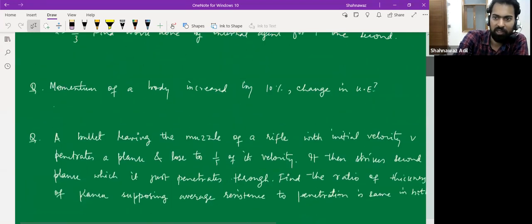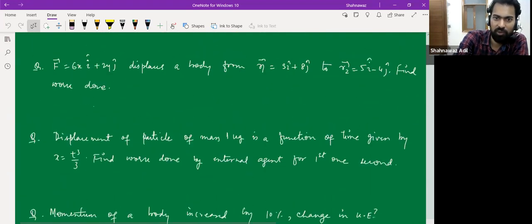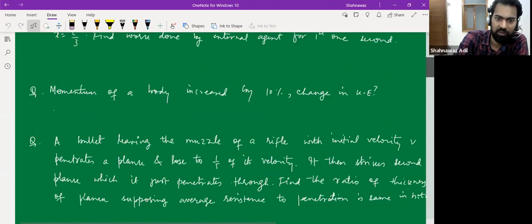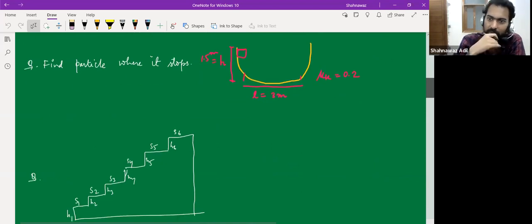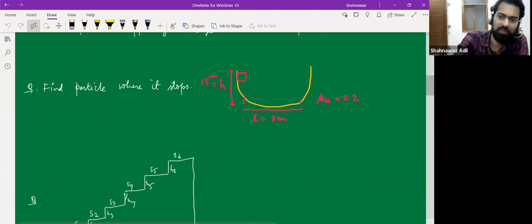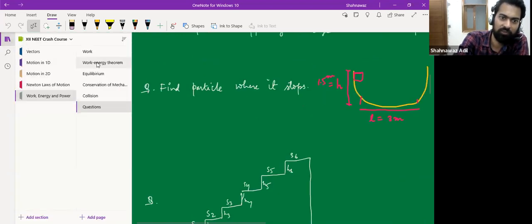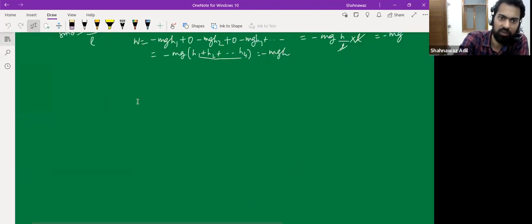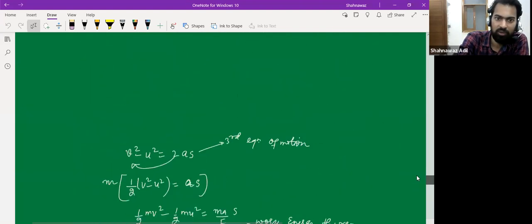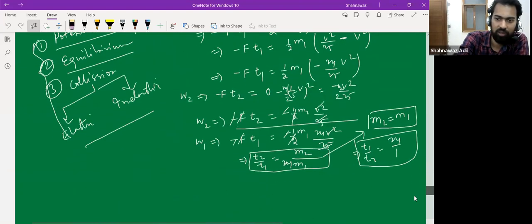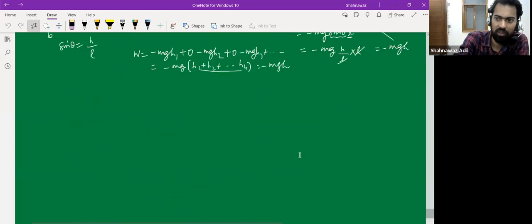Okay, I forgot about the potential energy due to spring force, right? So before I do this problem, let's calculate the potential energy due to restoring force. Yes.